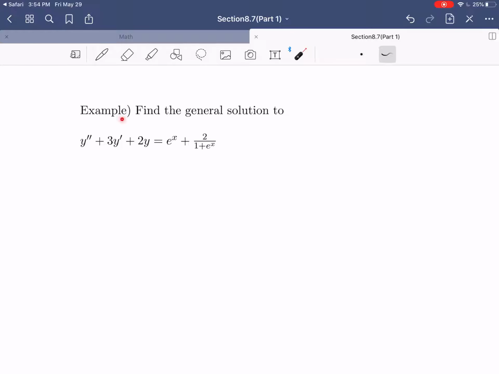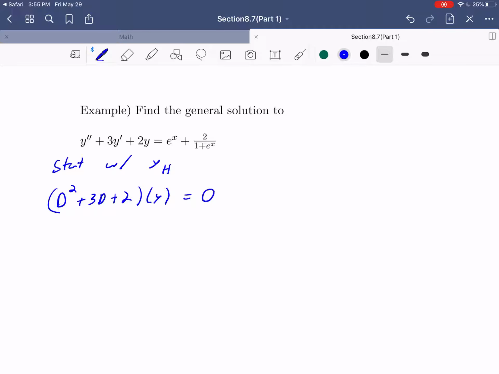All right. So we're going to try to find the general solution to this constant coefficient non-homogeneous equation. So we've got y double prime plus 3y prime plus 2y equals e to the x plus 2 over 1 plus e to the x. So before we do anything, let's start with the homogeneous. So we're going to take a look in operator notation. D squared plus 3d plus 2 of y is supposed to be 0.